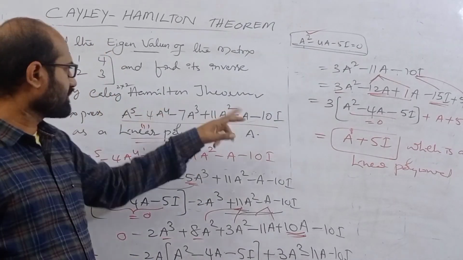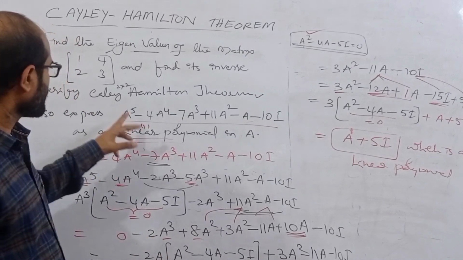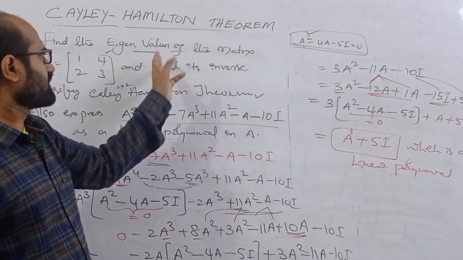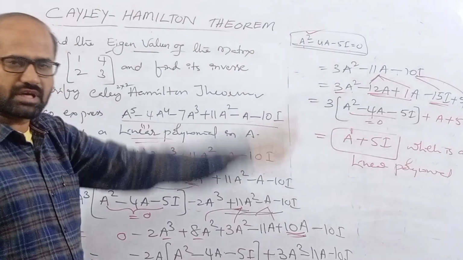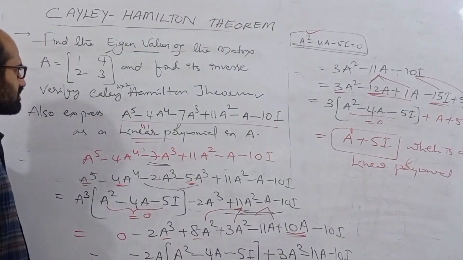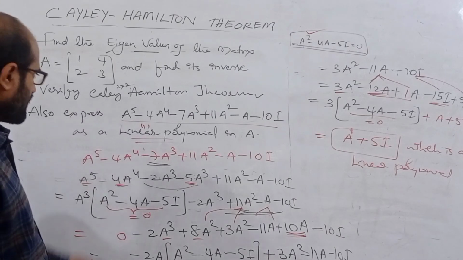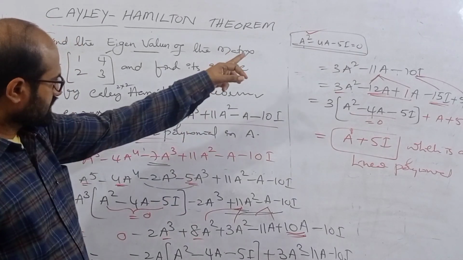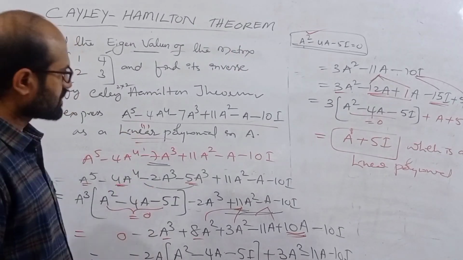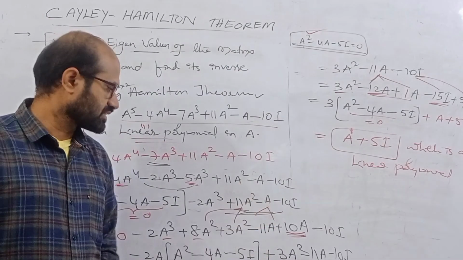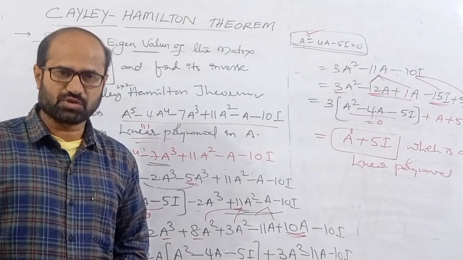To verify the Cayley-Hamilton theorem, just find A square and A and substitute. If it is equal to 0, then it verifies the Cayley-Hamilton theorem. And if any polynomial is given like this, based on your characteristic equation, you can split this and find this. So I think it is useful for you. Thank you for watching the video.